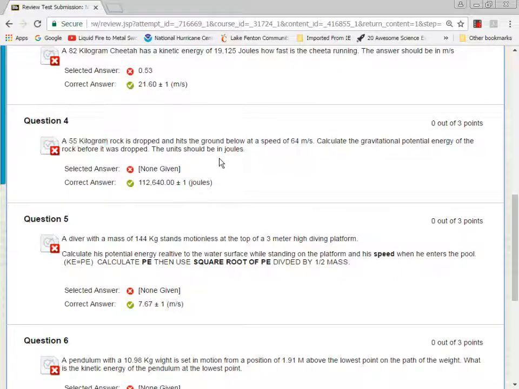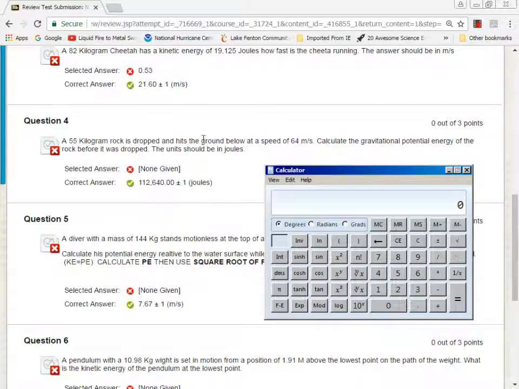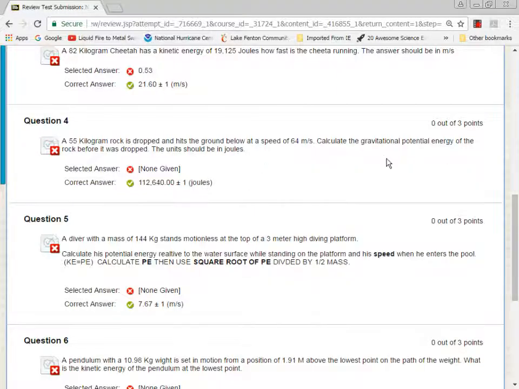So on question 4, it's 1/2 mass velocity squared, and that's all you do. Here's our answer. So all you have to do is 0.5 times 55 times, what's our velocity, 64 squared, equals.